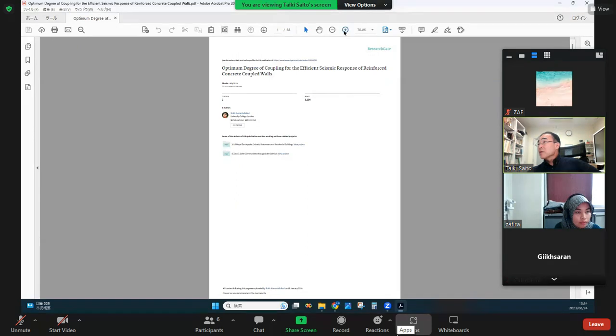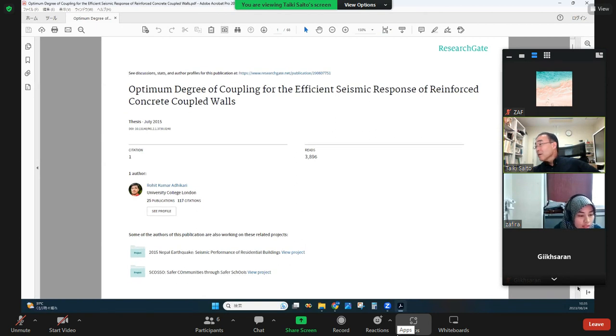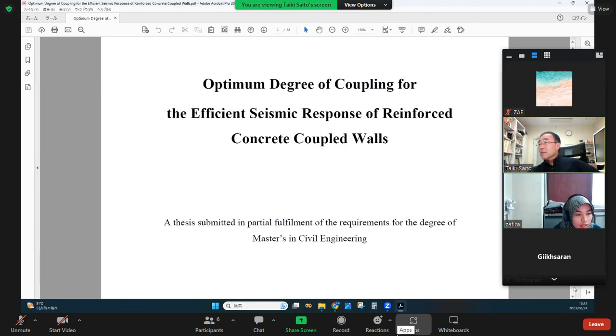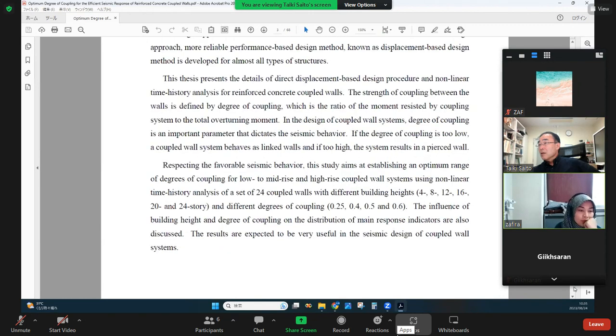So I think you have this paper, optimum degree of coupling for the efficient seismic response of reinforced concrete coupled wall. You have this paper, right? I don't remember. Maybe if I can see the content. I saw this before.